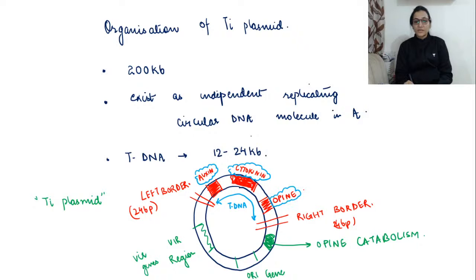These three are the things in the tDNA, and it is flanked by left and right borders. These genes, that is auxin, cytokinin and opine, are referred to as oncogenes. These three genes are referred to as oncogenes.